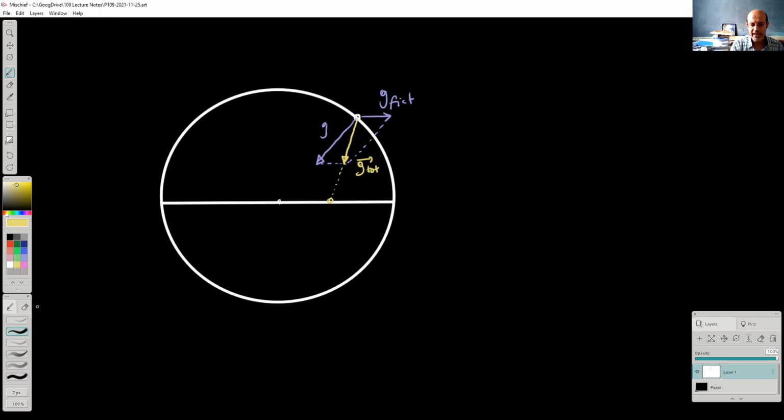But the result is that, in our location, if we have some kind of a bucket of water, for example, the surface level of that water is not going to be perpendicular to that vector.